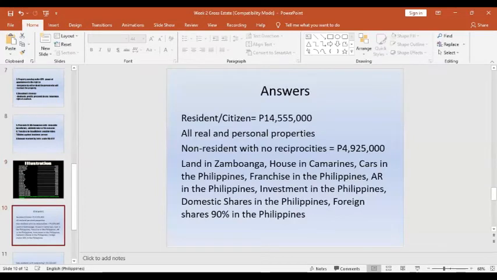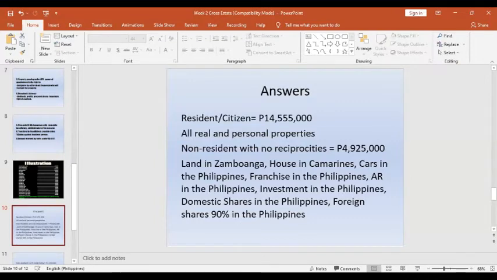So now let us compute for the inclusions of the gross estate. So the answer, if the decedent is a resident citizen, all the properties within and outside the Philippines are included in the gross estate, regardless of the exclusive and gross conjugal. So the total gross estate of the resident citizen is 4,555,000.